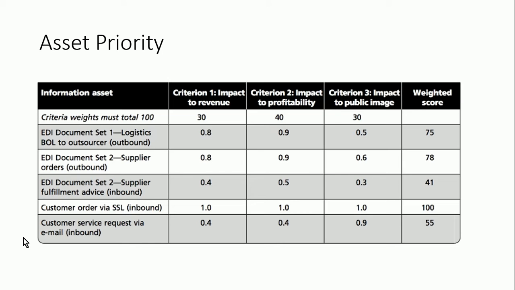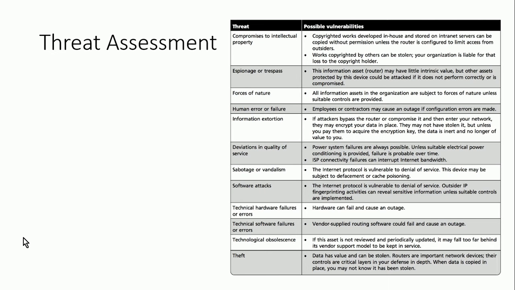So here it becomes pretty obvious that the most valuable asset for them to protect is the customer order coming in from SSL. And the least valuable thing for them to protect is EDI document set 2 for supplier fulfillment advice inbound, whatever that is. So that's a simple example for you. And of course, this would be a much larger table in the real world.